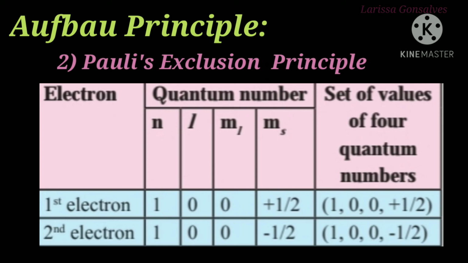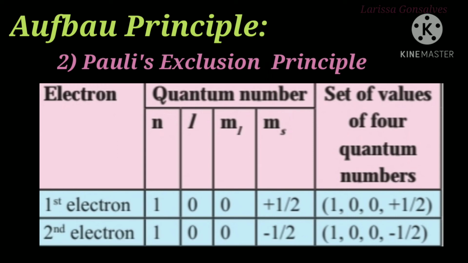Since n is 1, it is the s shell, so the value of the azimuthal quantum number will be equal to 0 for both the electrons. And since l is equal to 0, the magnetic quantum number is going to have only one value, which is 0, in both the cases.